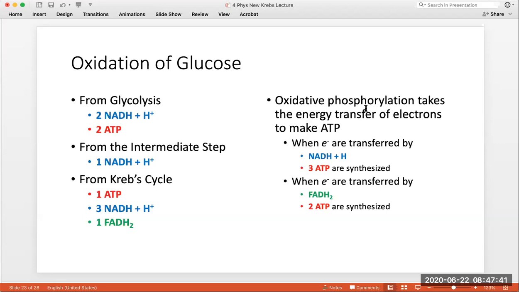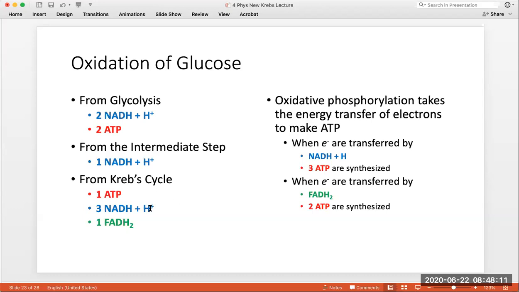And how much ATP is made? When the electrons are transferred by NADH plus H plus, I forgot to add the plus here, you get a total of 3 ATP that are made. When the electrons are transferred by FADH2, you make 2 ATP. So you have 3 ATP for each pair of electrons coming from glycolysis, 2 times 3 ATP here, because you have 2 pyruvates that are moving into the mitochondria.